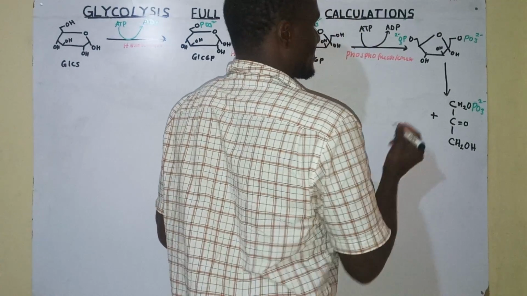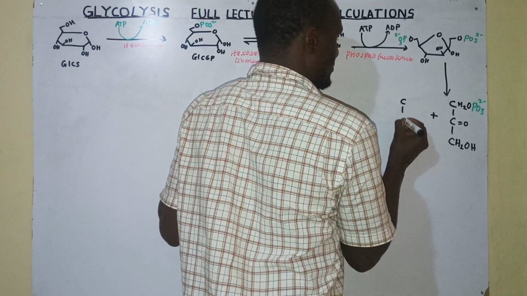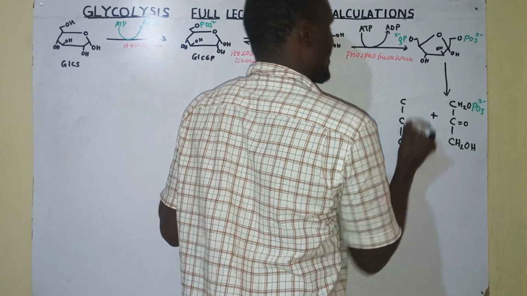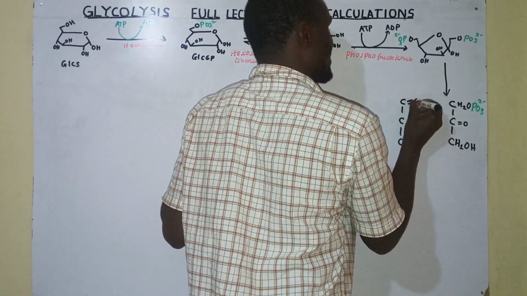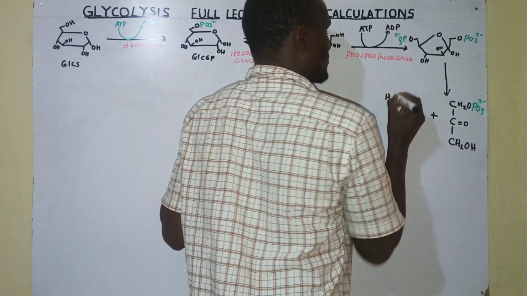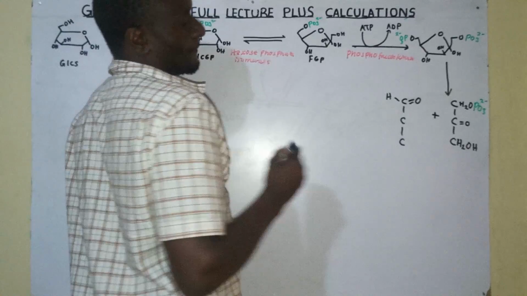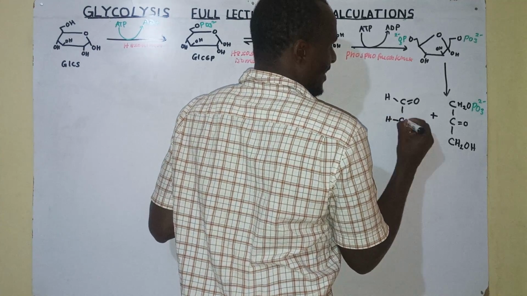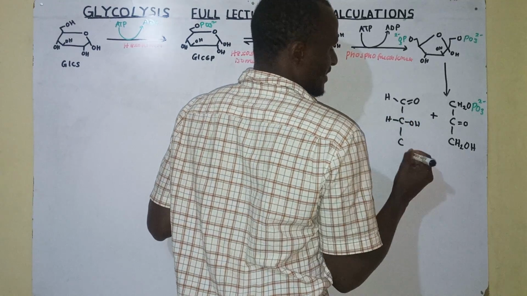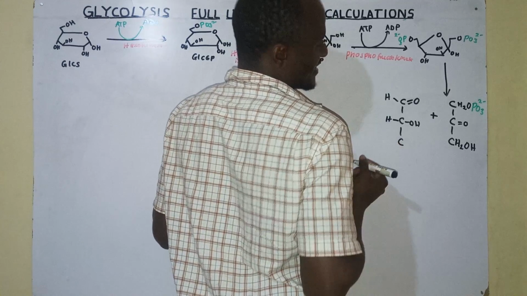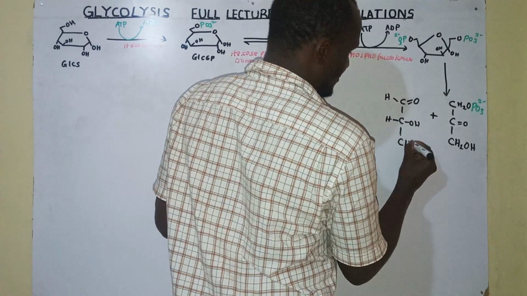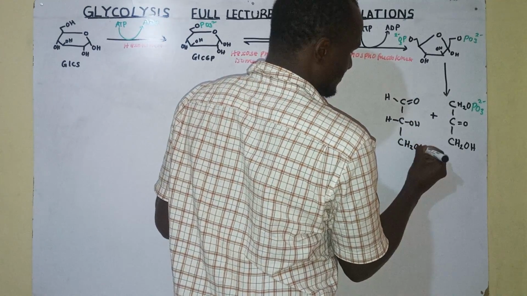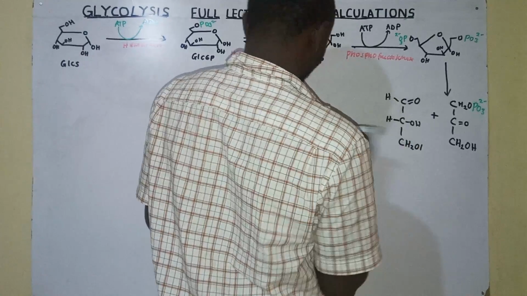So glyceraldehyde 3-phosphate is also a 3-carbon molecule. It's an aldehyde group. And we know that for glycerol, hydrogen and hydroxyl groups alternate. So we are saying glyceraldehyde 3-phosphate. So it has got a phosphate group on carbon number 3.